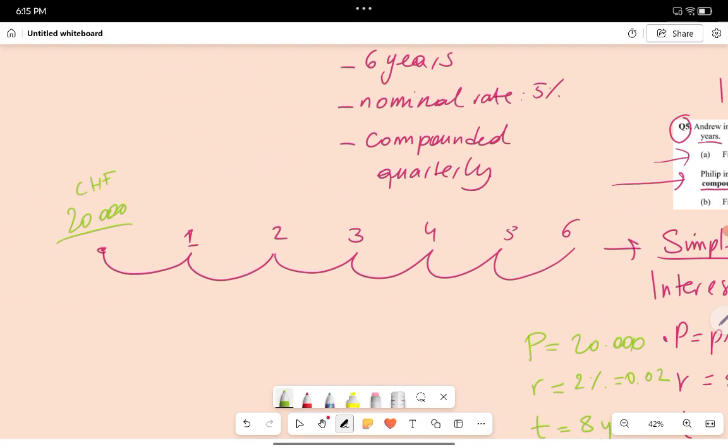Quarterly means every 3 months. So within the first year, we're going to have 4 moments of recalculating the amount that he has according to the interest rate, and again 4 in each of the following years.